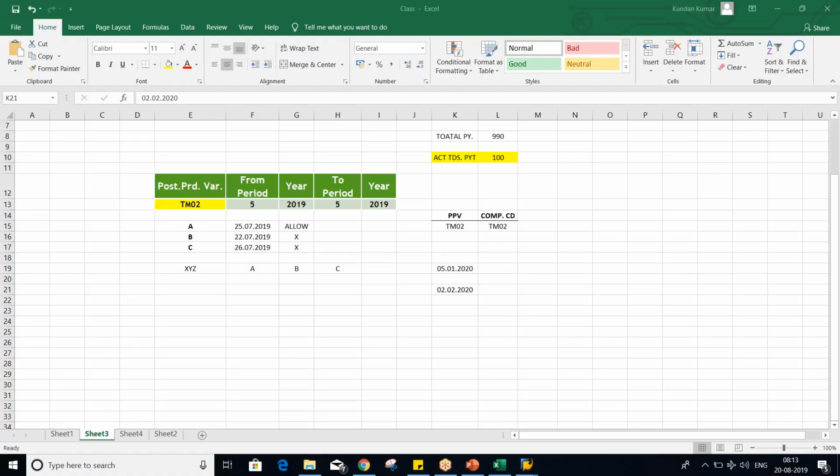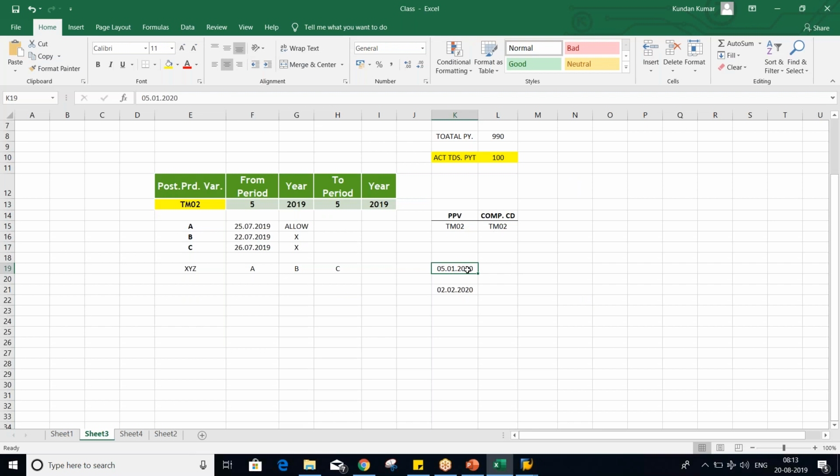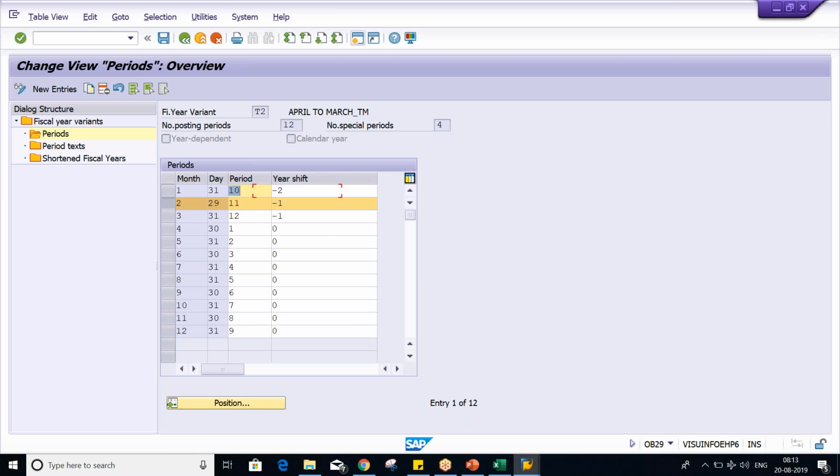Let's suppose we have posted these transactions on 01 2020. The system is going to decrease by 2, so the system will treat this 2020 as 2018 itself. Okay, but generally in practice we are not going to give -2. I've just quoted an example, it will be -1. Okay, so this is the use of year shift, guys.